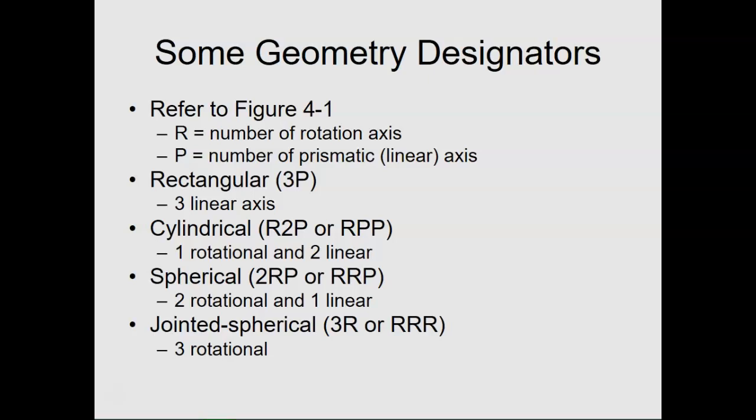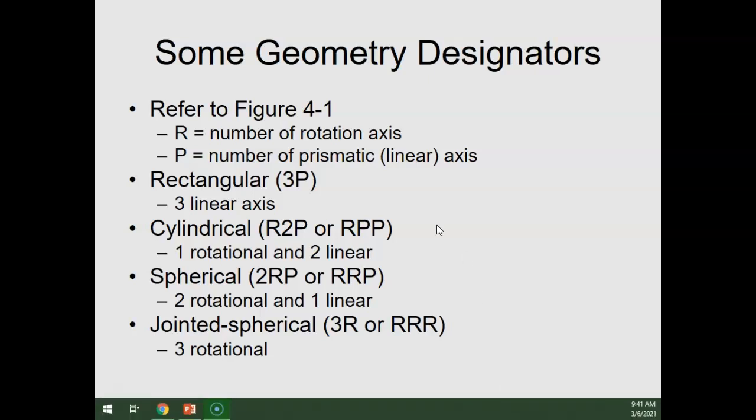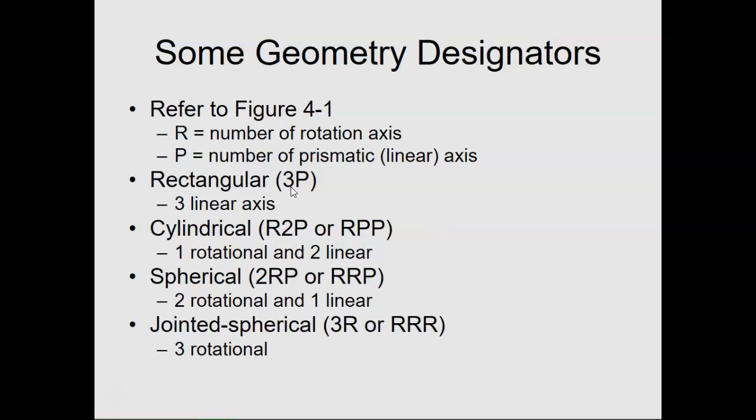A prismatic axis is also known as a linear axis. None of these robots in here have a linear axis. They all have rotational axes. So a rectangular should have 3 prismatic axes or 3 linear axes. Why? Because they just move left, right, up, down, in, out. They don't have the ability to rotate anything.